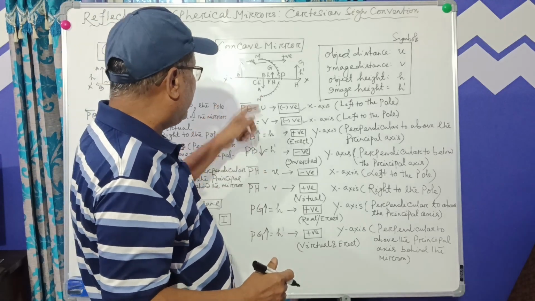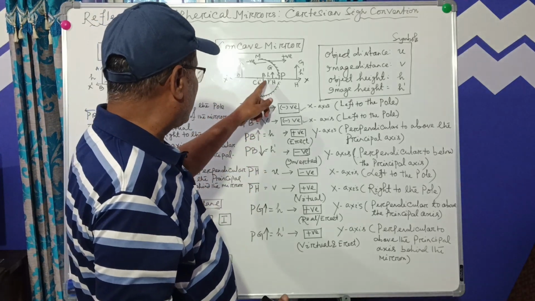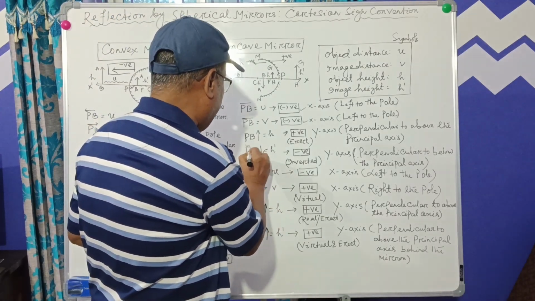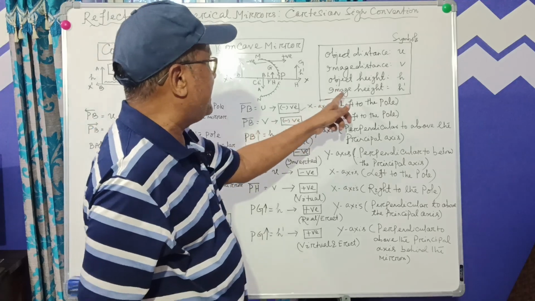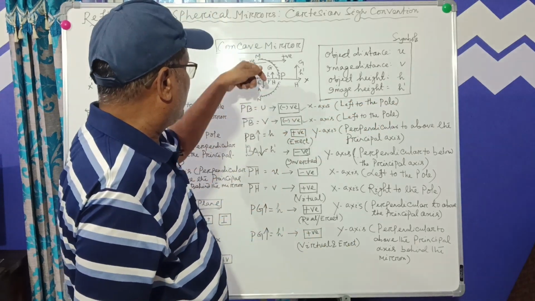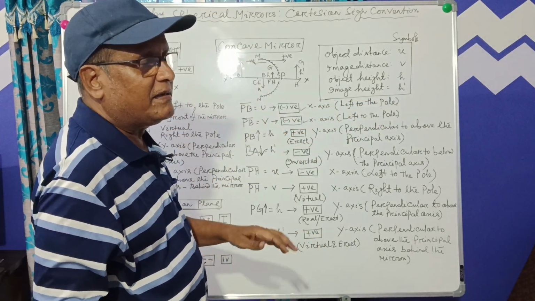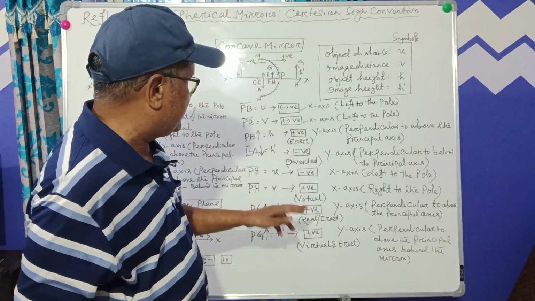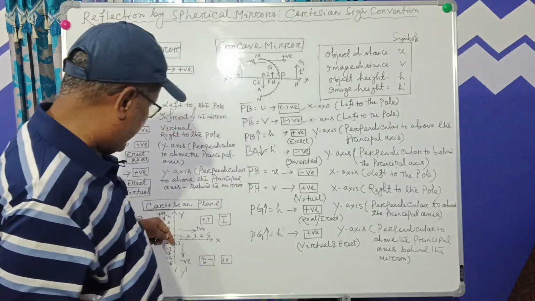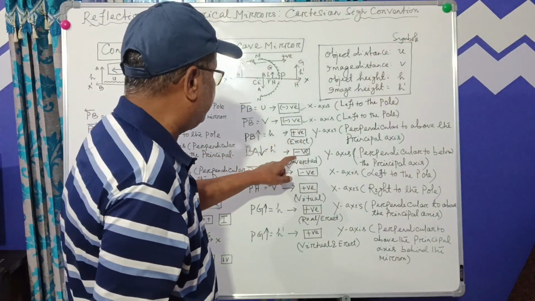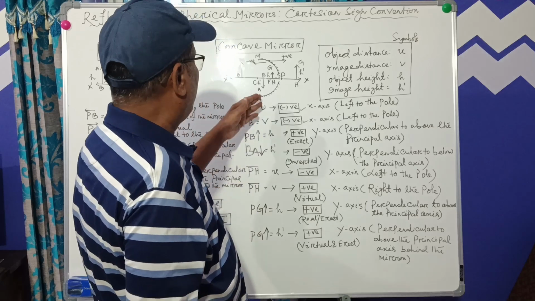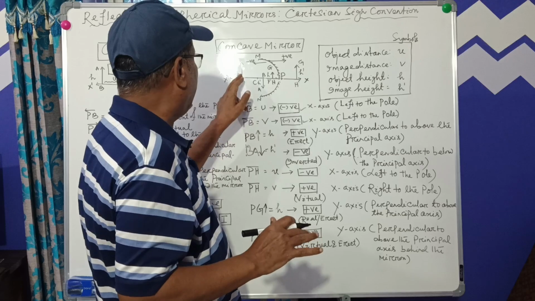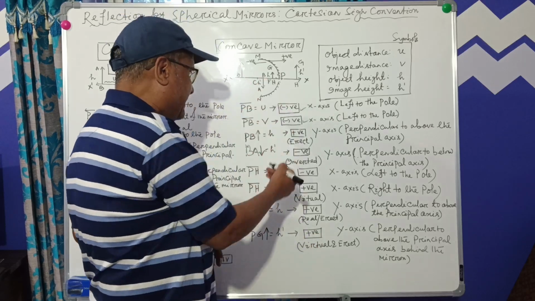Now see its image height h dash. It is perpendicular to the principal axis but downward, below the principal axis, so the y ordinate here is negative. So we have discussed the object AB and the image, which is inverted.